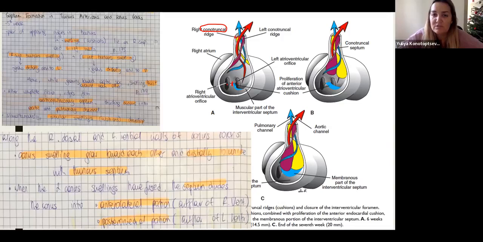There is a right conotruncal swelling, or right conotruncal endocardial cushion, and of course there is the left one on the other side. I repeat, they are present in the truncus arteriosus. And as you remember from the previous couple of lessons, the truncus arteriosus is the outflow of the heart, so that's where the blood will be coming out from.